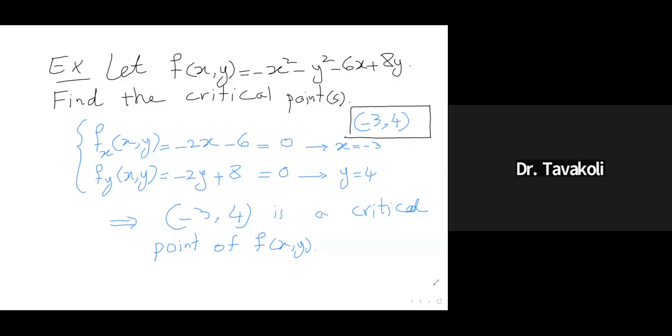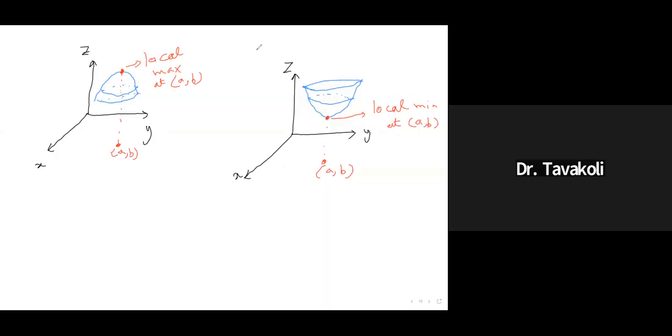Let me show you 3 graphs. Okay, look at the graph on the left. First of all, the graphs of functions of 2 variables are not curves, they are surfaces.